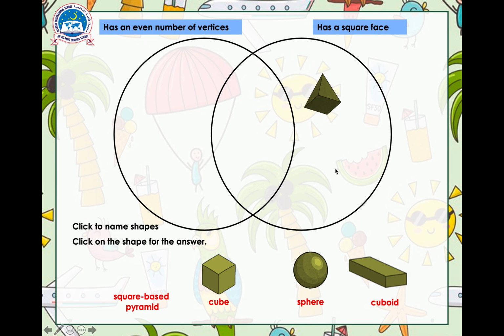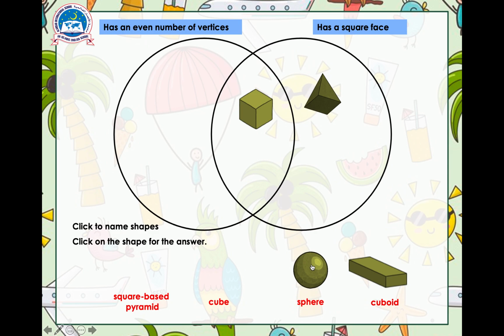It just has a square face, so it will only go in this part of our circle. Let us look at this one. Does it have a square face? Yes, it does. And how many vertices does it have? It has 8 vertices, so that means it goes into the middle part of our diagram.